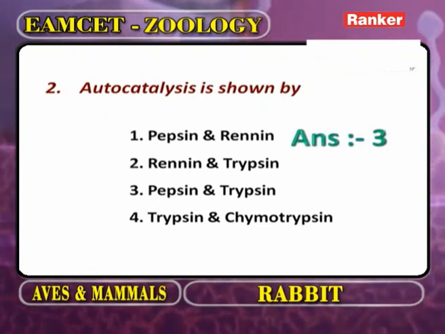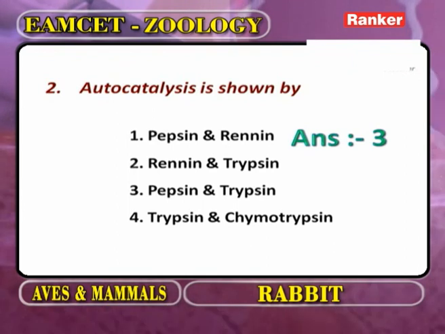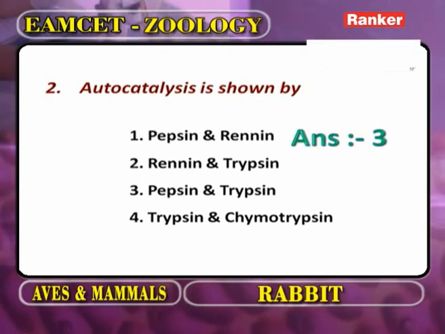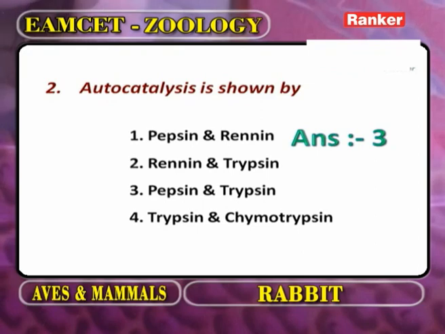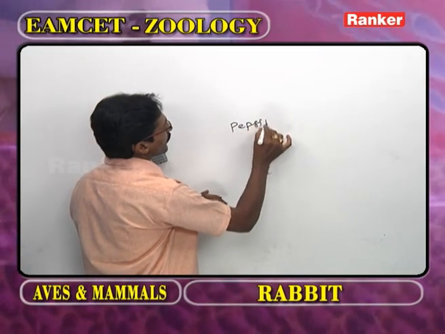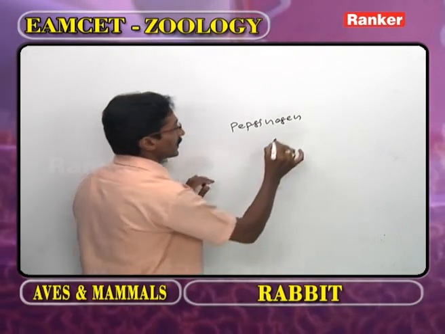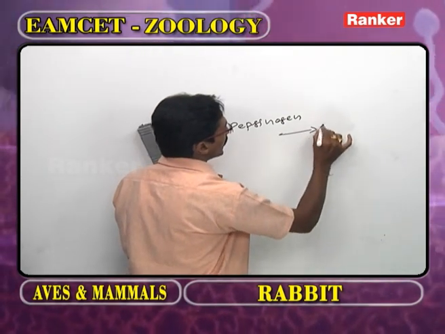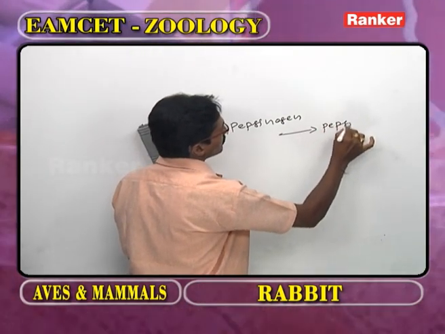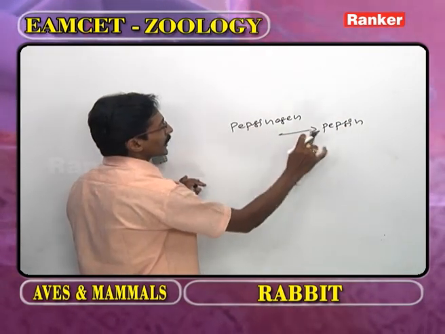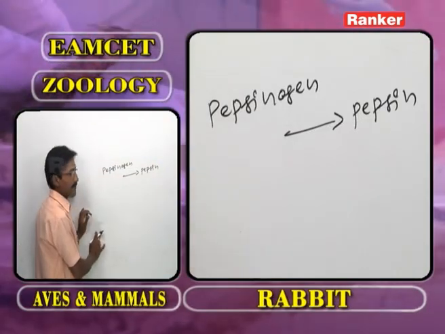Autocatalysis is shown by. Where we have to observe the autocatalysis. Now this one we call pepsinogen. It is the inactive form. Pepsinogen is converted into pepsin. It is the active form. It is proenzyme, and this is enzyme.